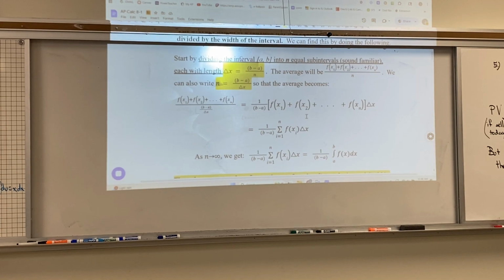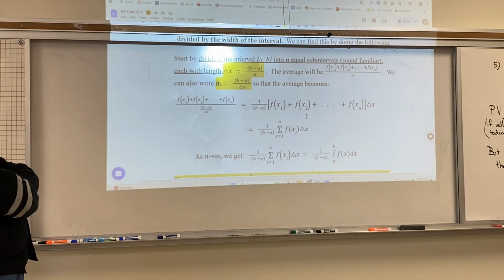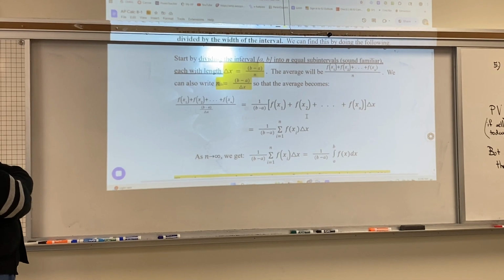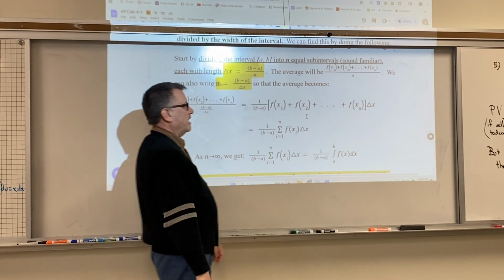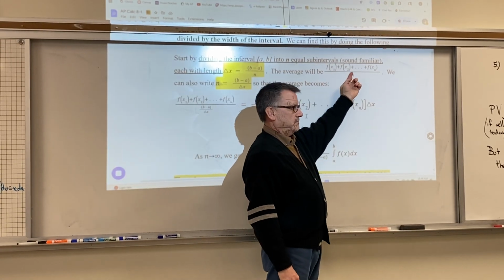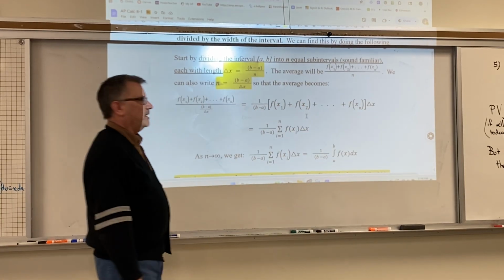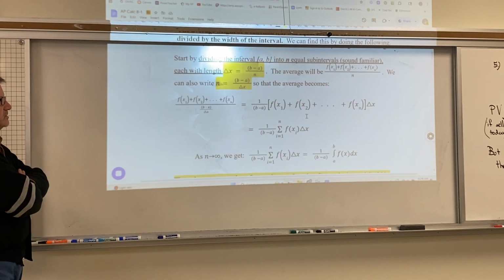We'll start by dividing the interval from A to B into n equal subintervals. Does that sound familiar? N rectangles, each with a consistent width, change of x, b minus a over n. Then the average will be, add up all the values you're going to plug in, divided by n, the number of rectangles you're going to use.